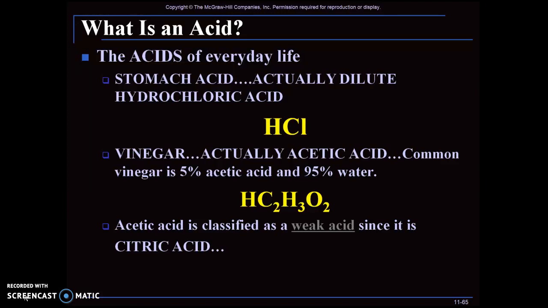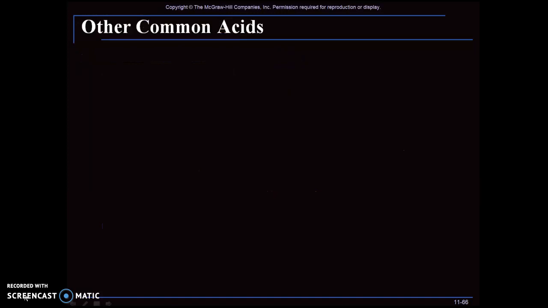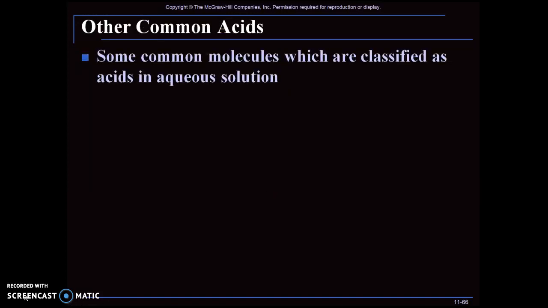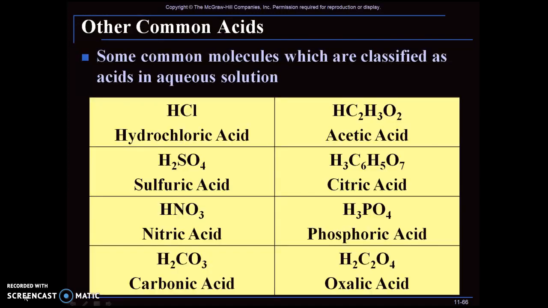Acetic acid is classified as a weak acid, as is citric acid. Some other common acids are listed. Some molecules which are classified as acids in aqueous solution: hydrochloric acid, sulfuric acid, nitric acid, carbonic acid, phosphoric acid, citric acid, acetic acid, and oxalic acid.